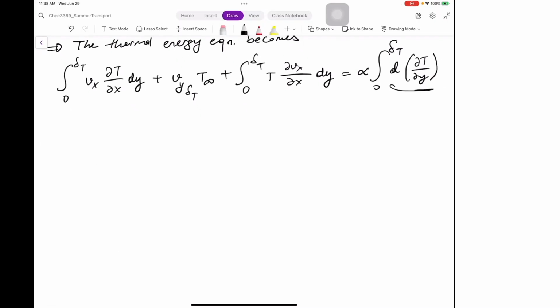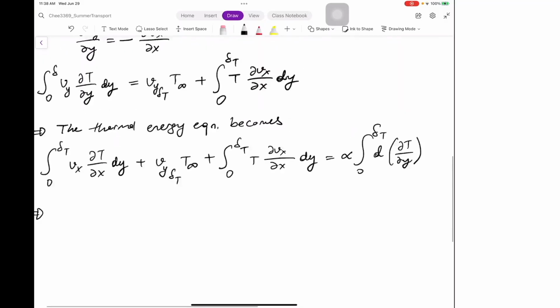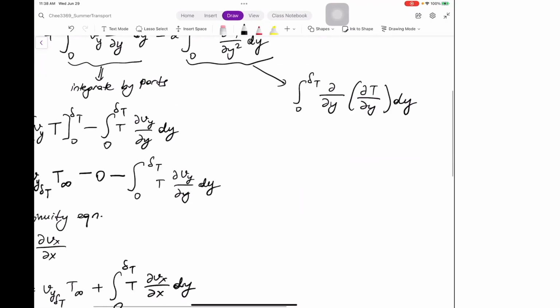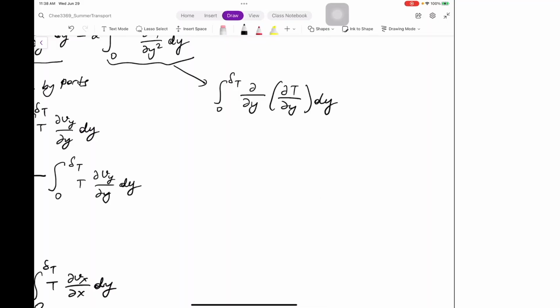If this step is not clear, just let me know, I can explain. Yeah, can you explain it just? Sure. So the right-hand side here becomes the integral from 0 to delta T of del over del y of del T over del y, dy, correct? And this del y and this del y cancel, right?